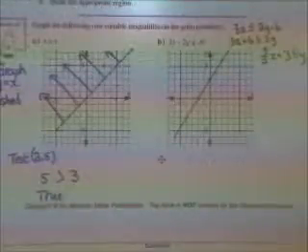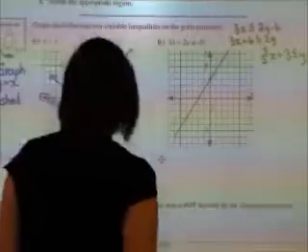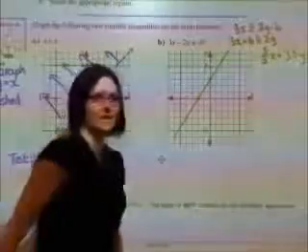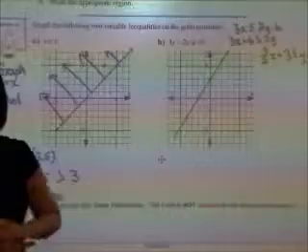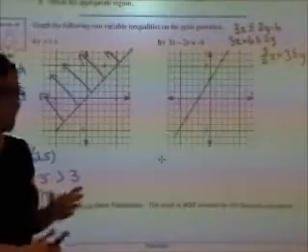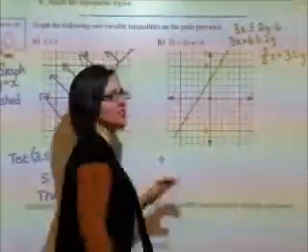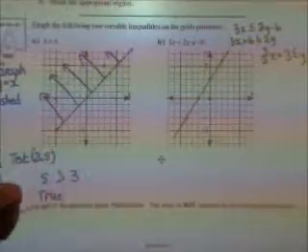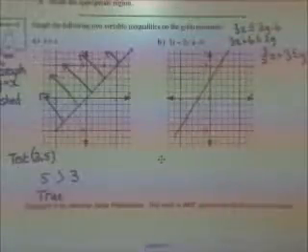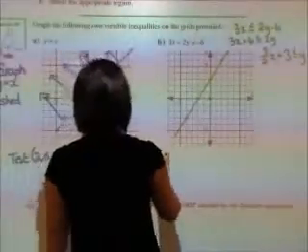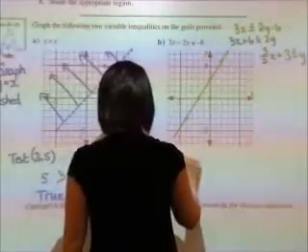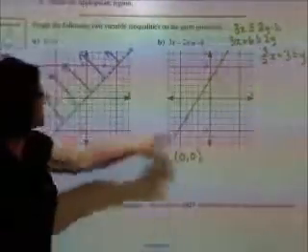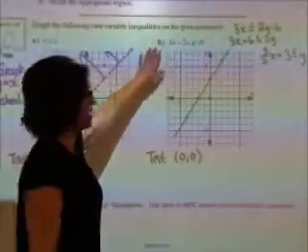And then I want to pick a test point. The easiest test point to pick is what? 0 and 0, if it's not on the graph. I couldn't pick it in this one because it was on the graph. That's the easiest one to start with. So I test 0 and 0 with my original equation.